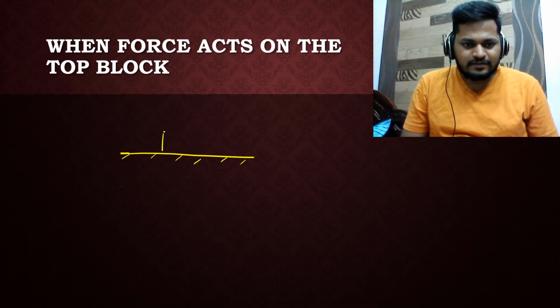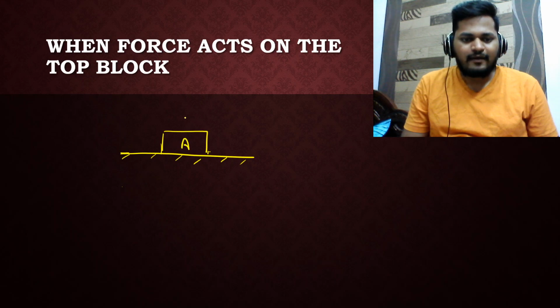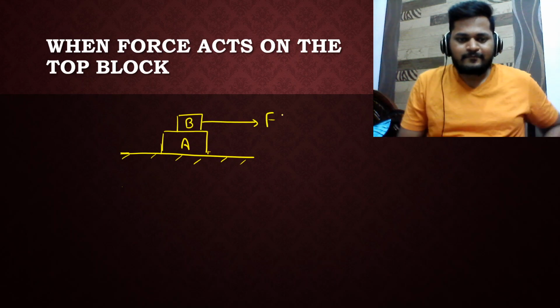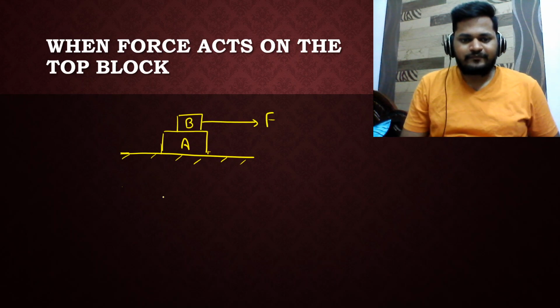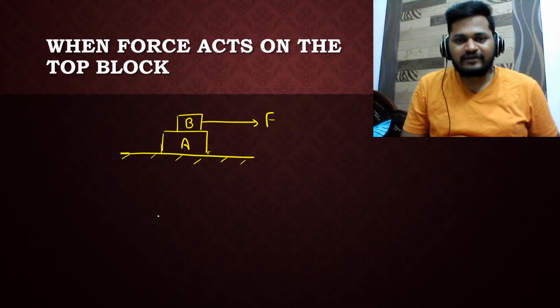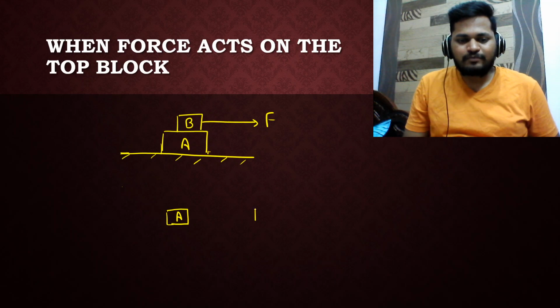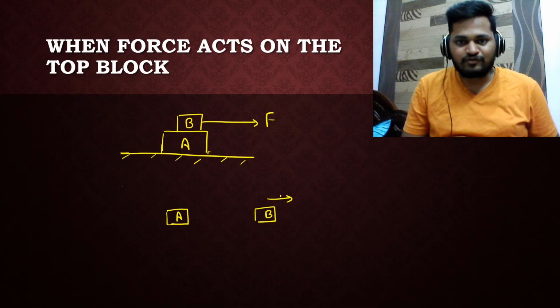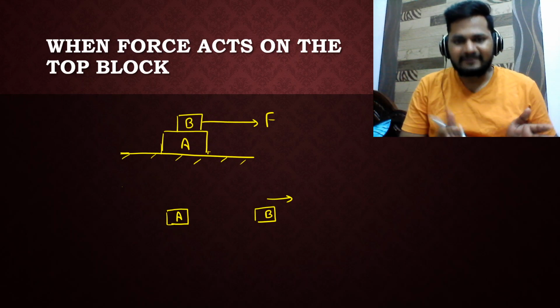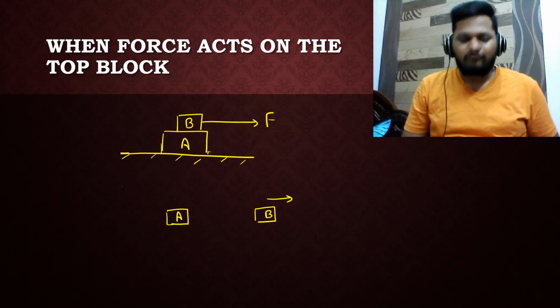So there is block A on the bottom surface and block B on top of A, and now I am exerting a force on the top block. Now what will happen if there is no friction between A and B? A should be there itself and B should be moving forward, right?